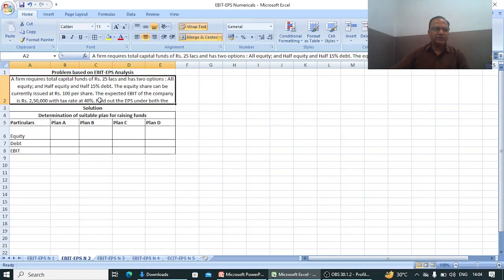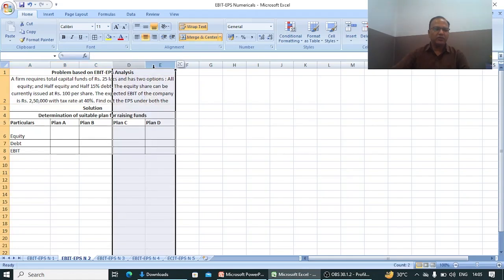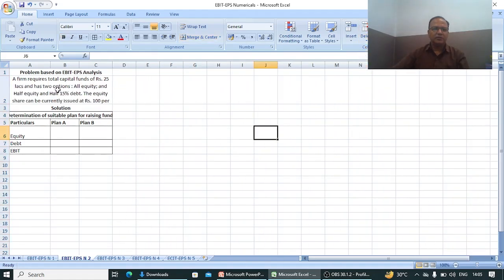The equity shares can be currently issued at rupees 100 per share. Expected EBIT of the company is rupees 2,50,000 with tax rate of 40%. Find out EPS under both the conditions.